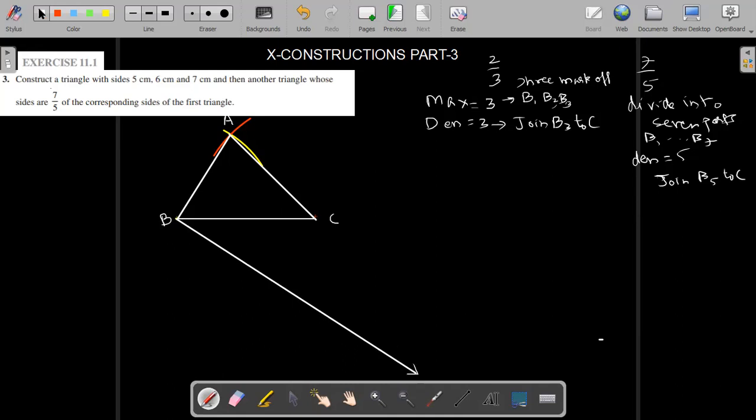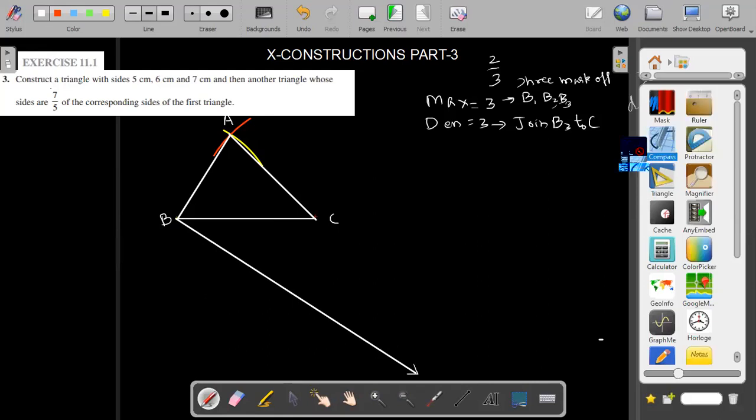I will try to make 7 parts because I cannot make smaller than this.